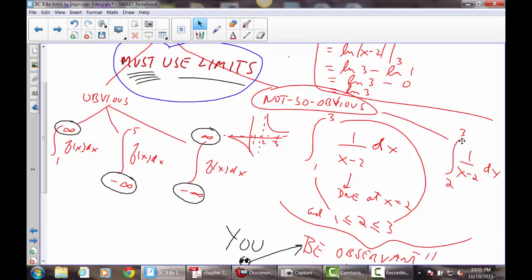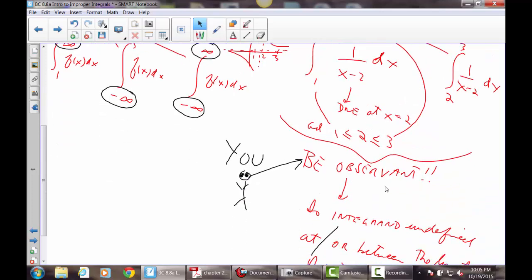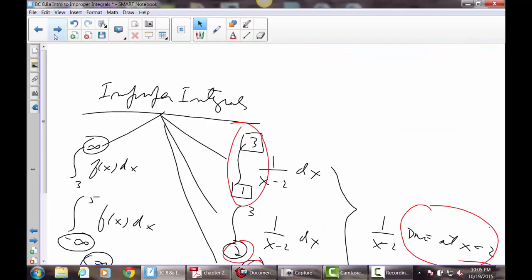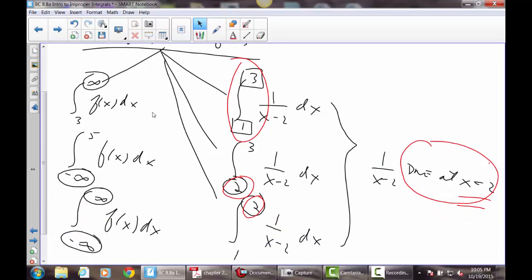So whether it's 2 to 3 or let's say 0 to 2, you also have a problem. So you, with your big eyes, are going to have to be very observant and notice that. You're going to have to ask yourself, is the integrand undefined at or between the limits of integration?